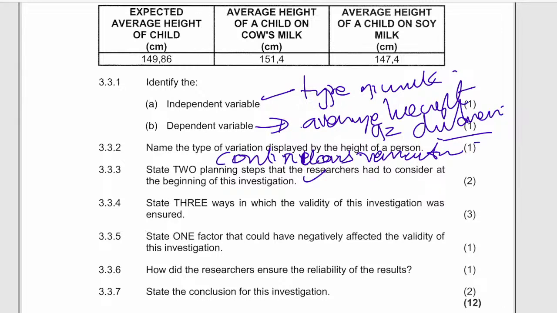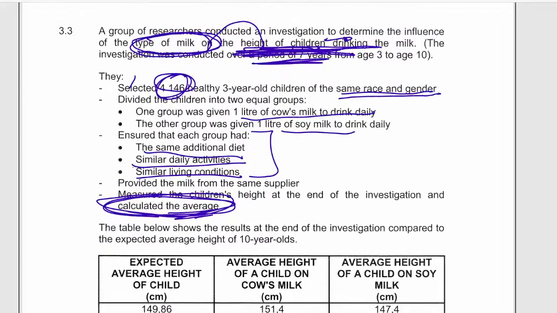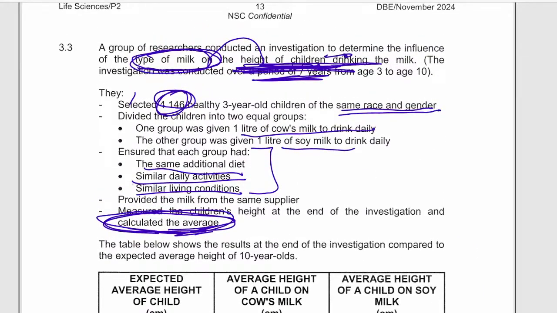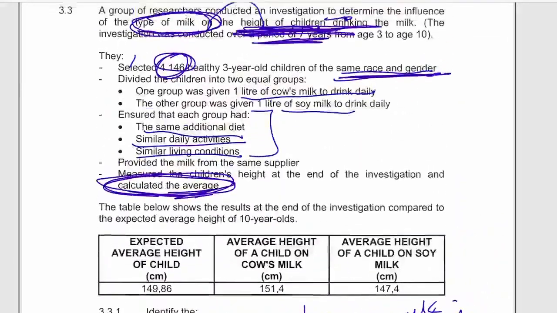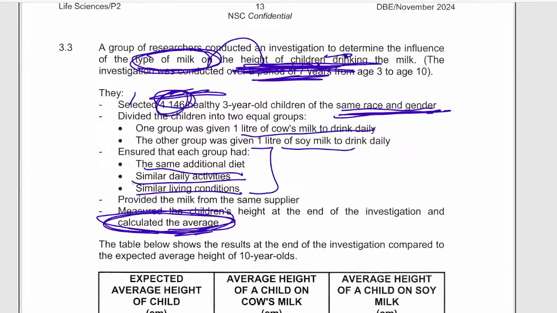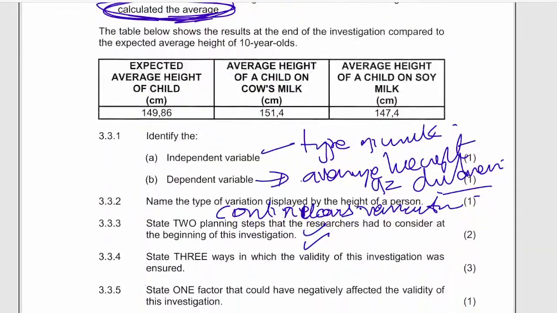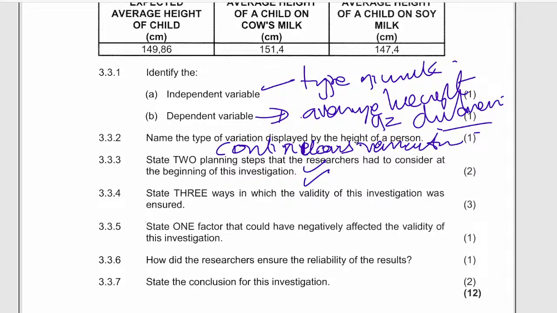Also, number 2, you can say ensure that all children are of the same age, same race, same gender. They talked about them here, and I said that this is very important. They also talked about selecting a large number of individuals. So you are planning. You don't just find the kids and then do an experiment with them. You have to plan for them.